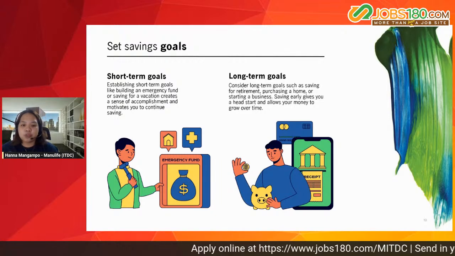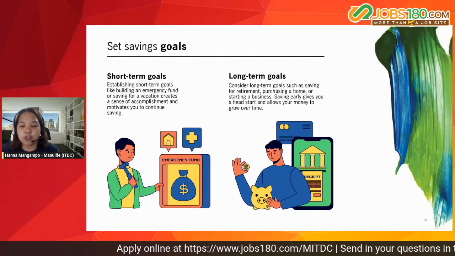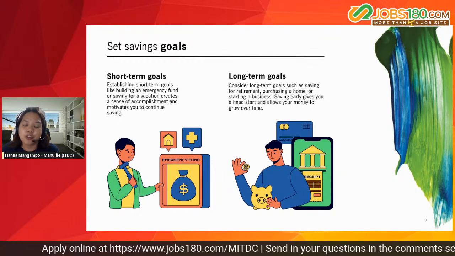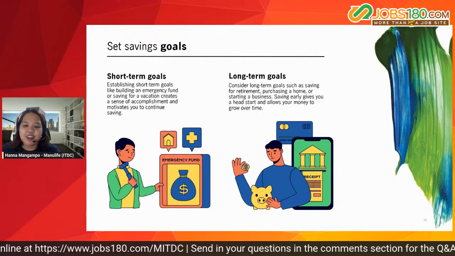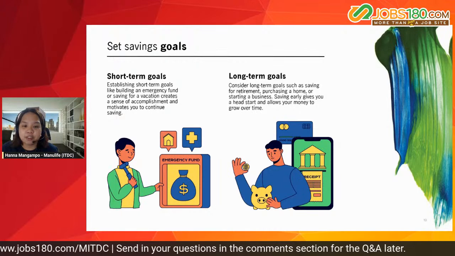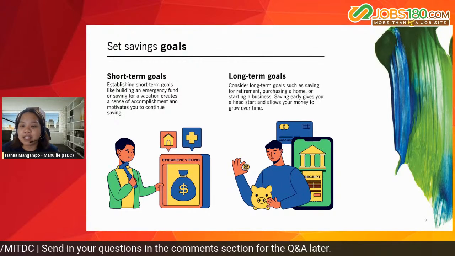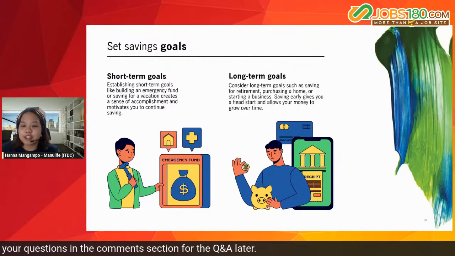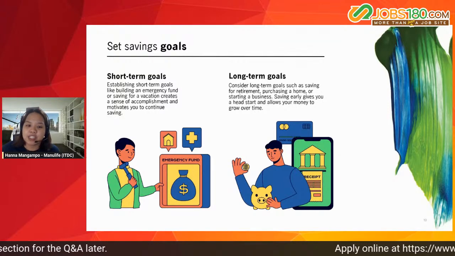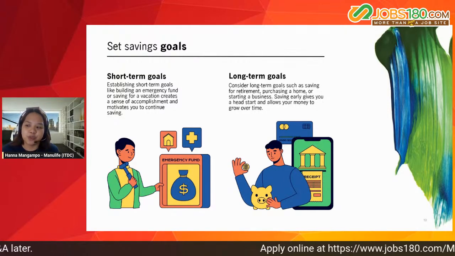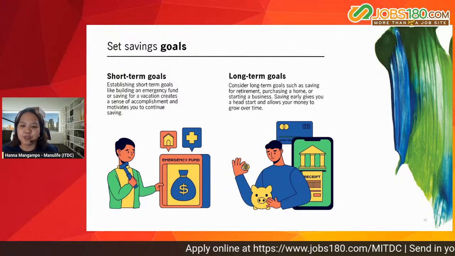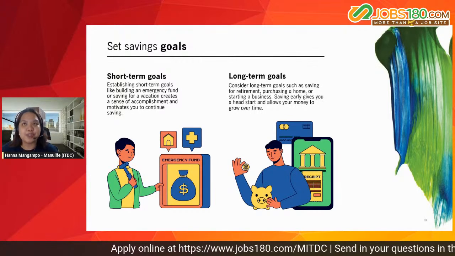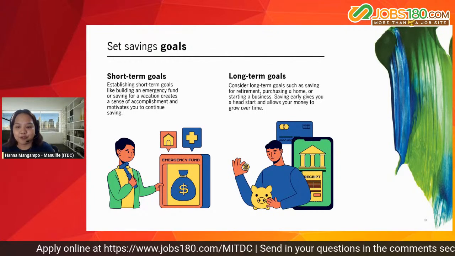So those short-term goals are like saving up for those vacation, for the gala, and those things that would make you feel excited, or it's something that is exciting that makes you look forward to. So it's like having a personal challenge where you get the reward as soon as you finish saving up for that event.